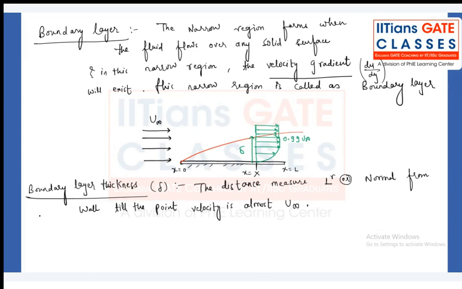You will come to know in our boundary layer theory that because of the viscosity the drag force exists. Drag force is basically one kind of loss only. All these are the consequences of viscosity.